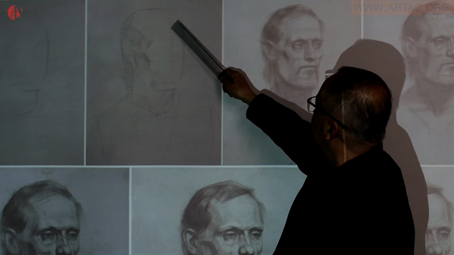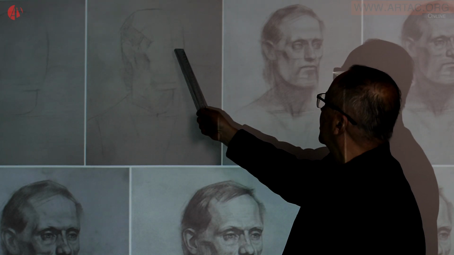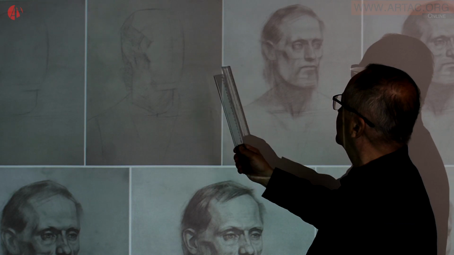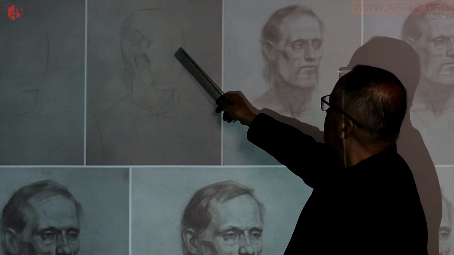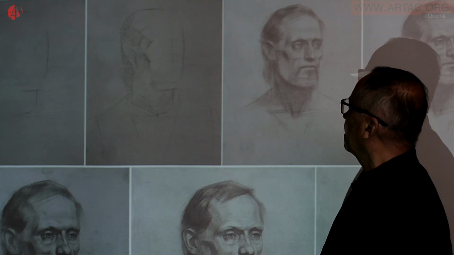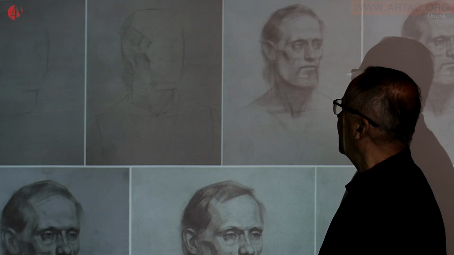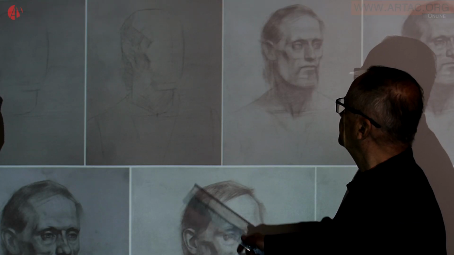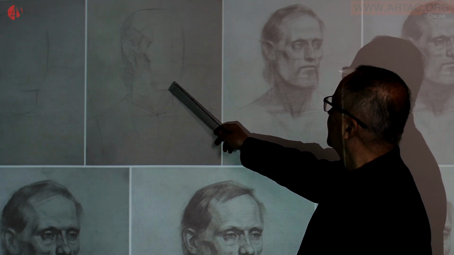Constructive lines could be vertical, horizontal. Usually the vertical constructive line dominates, going all the way from the top of the head through the main features of the face.